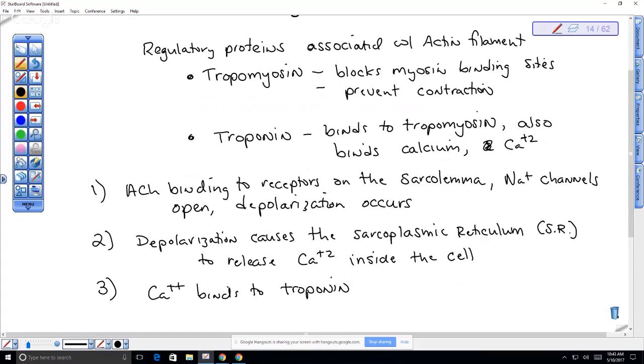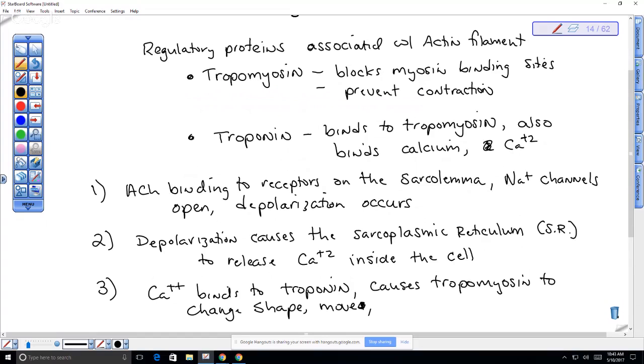And remember that troponin is bound to tropomyosin, so it eventually causes tropomyosin to change shape as well, right? When it changes shape, it moves.